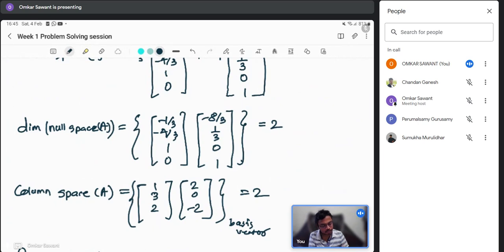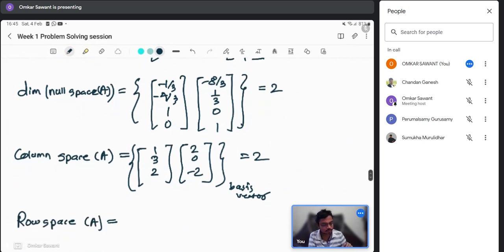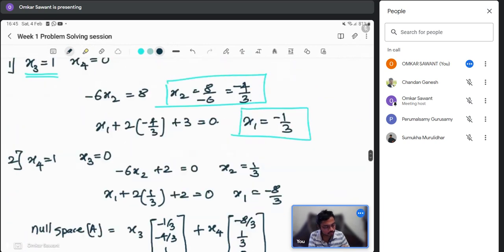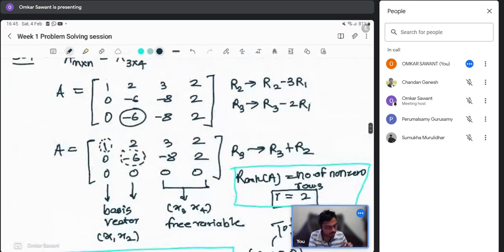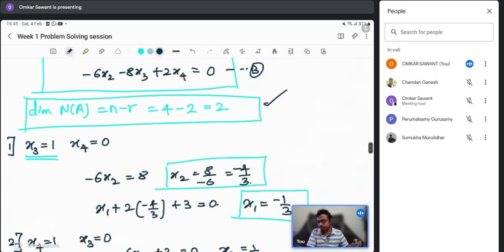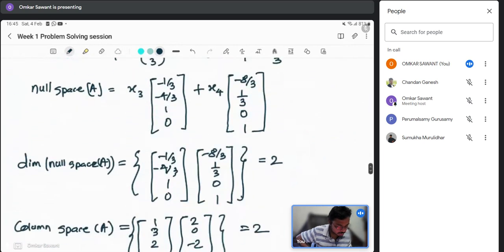Row space will be exactly the reversal of this thing, or you can say row space will be this thing: 1 2 1, 2 3 2. You can write.